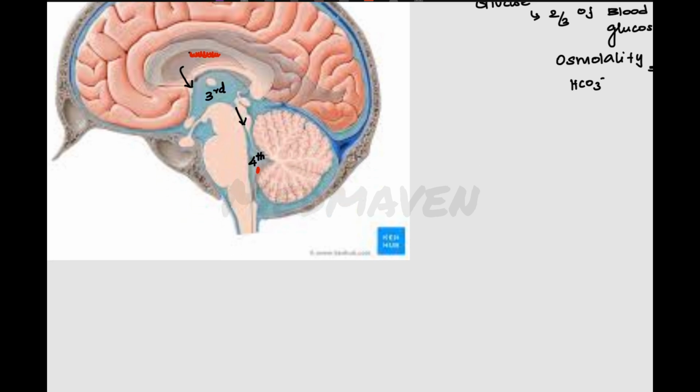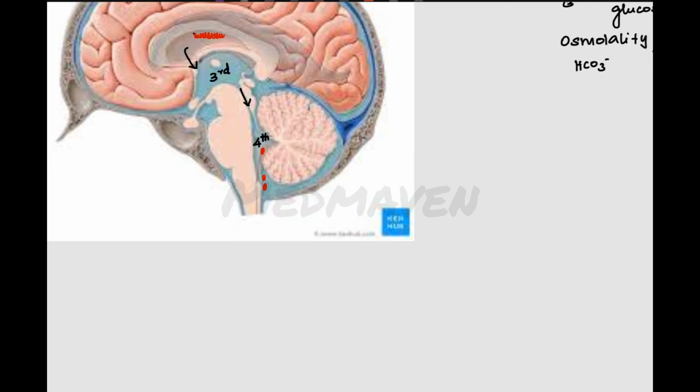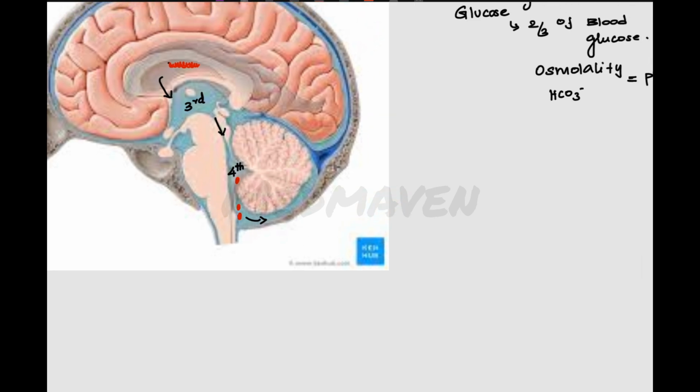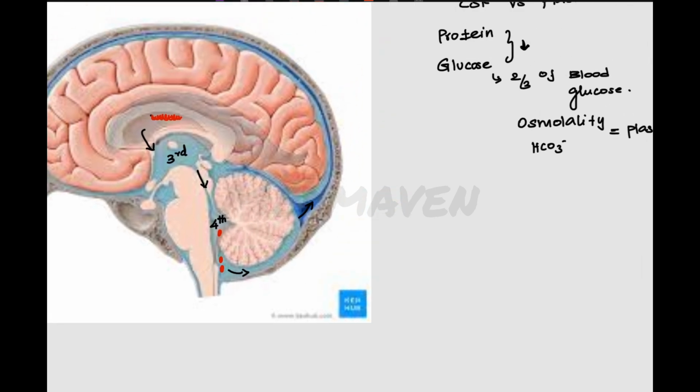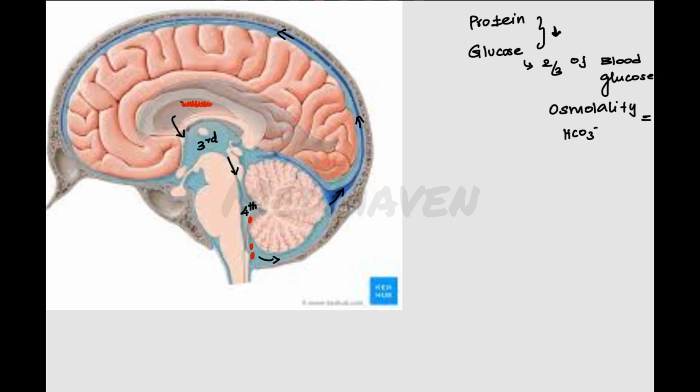From the fourth ventricle it passes out through 3 openings, one median aperture, the foramen of Magendie, and 2 lateral apertures, the foramina of Luschka. These openings allow the CSF to enter the subarachnoid space around the brain and spinal cord. Finally, CSF is absorbed into the venous blood through arachnoid granulations and villi into the superior sagittal sinus.